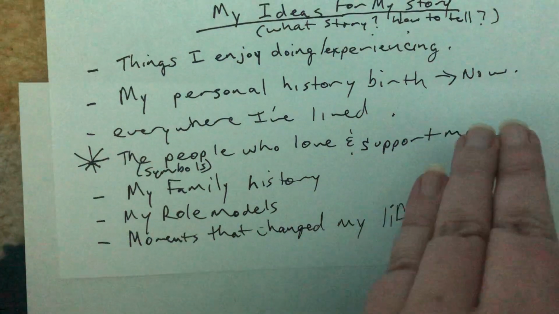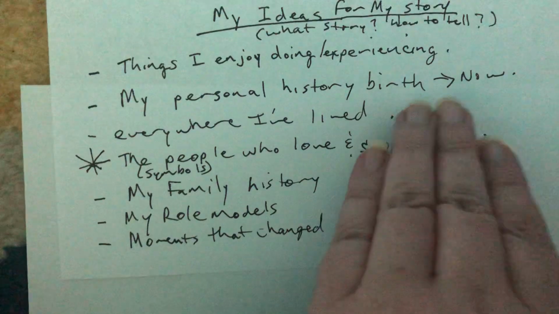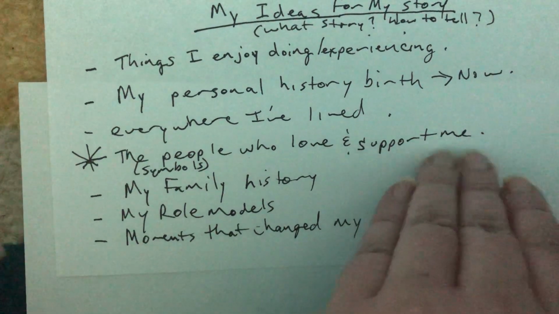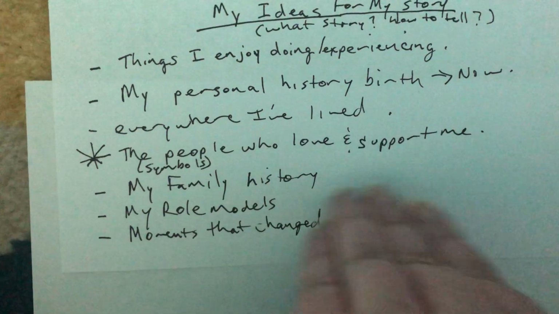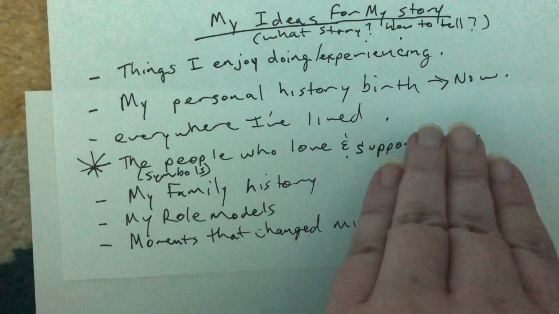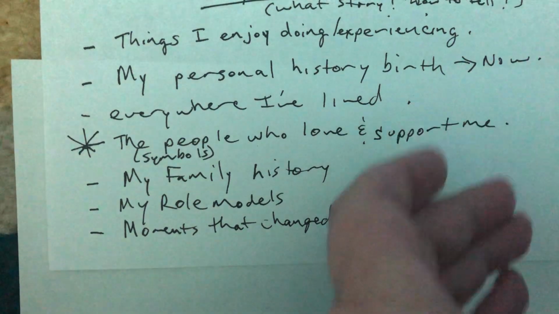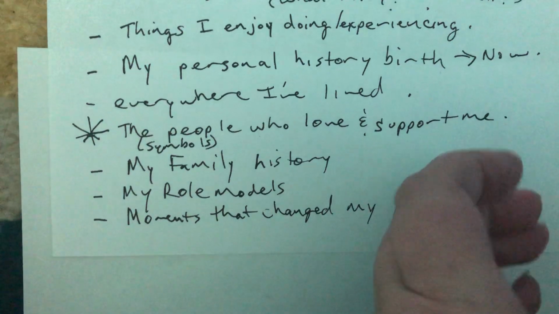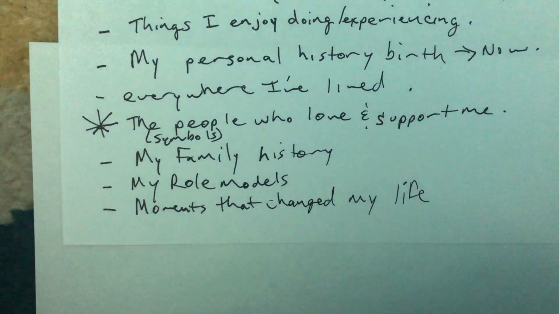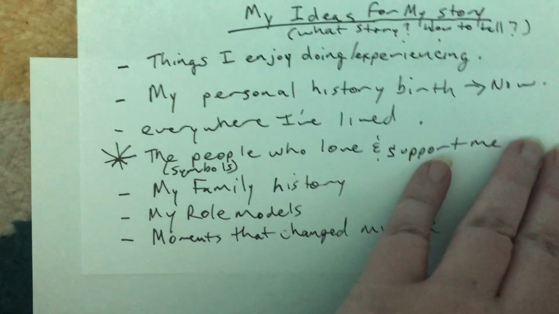I want to remember all the people that support me. I also think that I can come up with strong visual symbols to represent all these people and tell my story through my connection with them. So in a sense, the identity that I'm going to show in this drawing is going to be defined by my connection with all the people who love and support me.